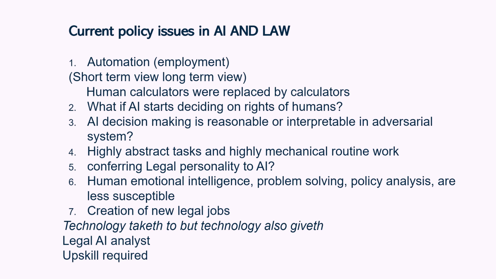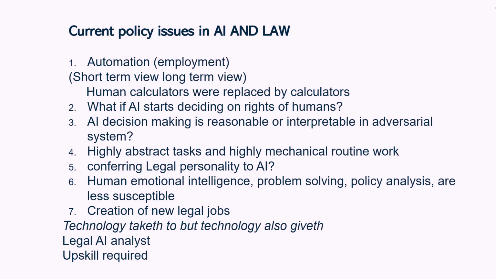These are automation, and what if AI starts deciding on the rights of humans. In this series there is one interesting lecture I will deliver on advanced robotics and the human rights of robots as well.